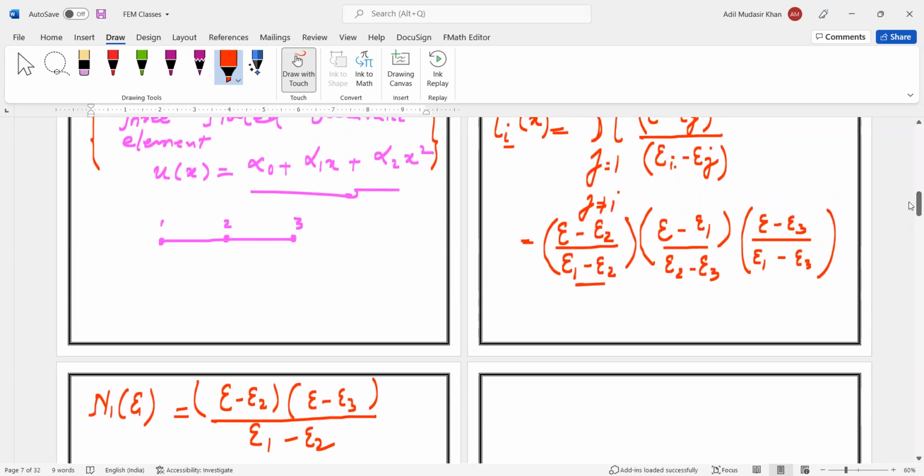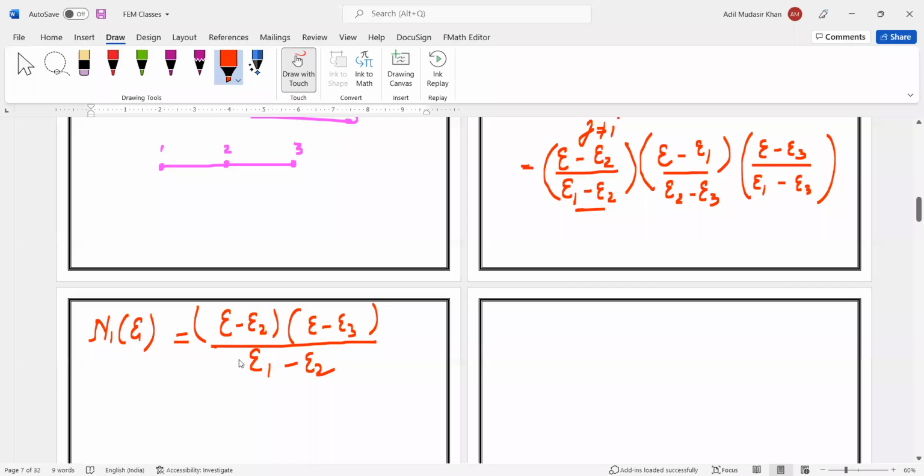So that's why this will be (zeta 1 minus zeta 2) into (zeta 1 minus zeta 3).